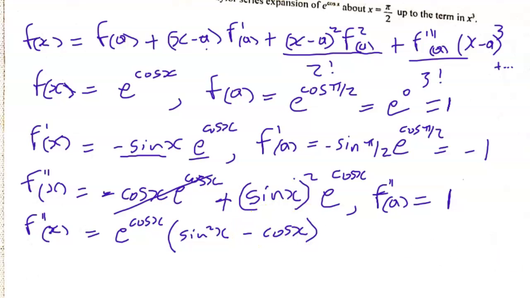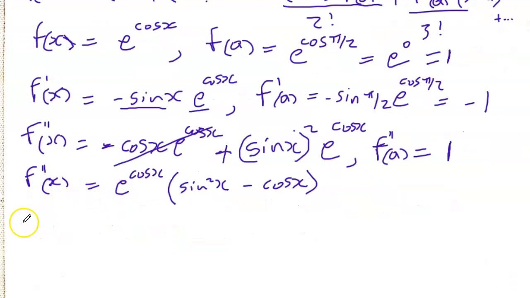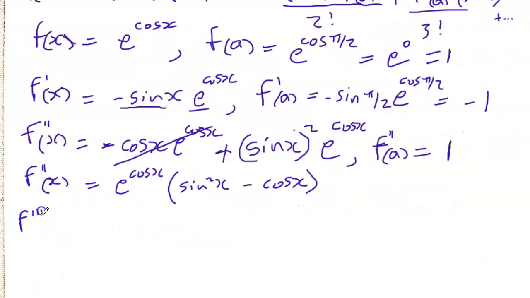So I'll use the product rule to differentiate this. So the third derivative, I'll be using the product rule. Let me differentiate the bracket first. I'll keep the e to the cos x. Differentiate the bracket, I'll get 2 sine x cos x, because I would use a chain rule there.